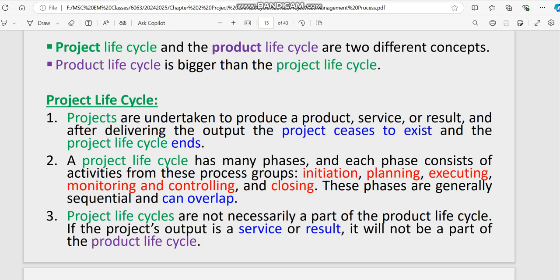Planning as a noun is the function, but planning as a process is like a verb. It's like doing planning, doing initiating, doing the execution.